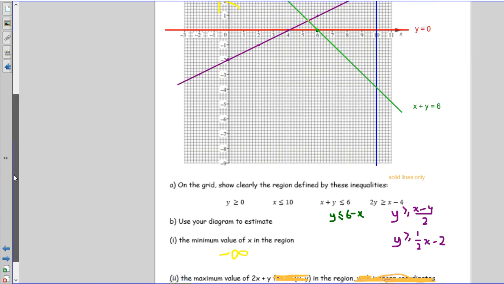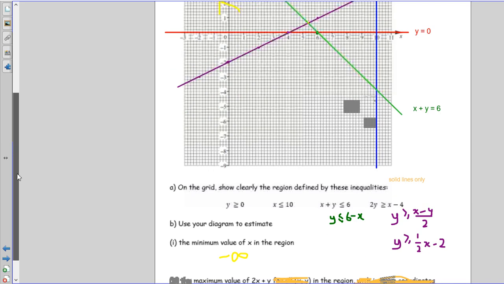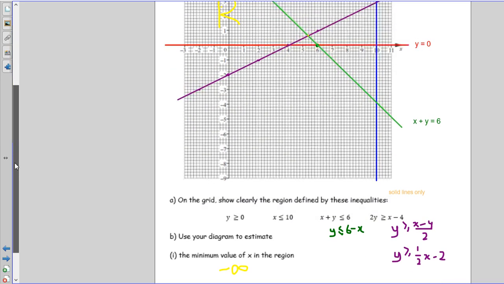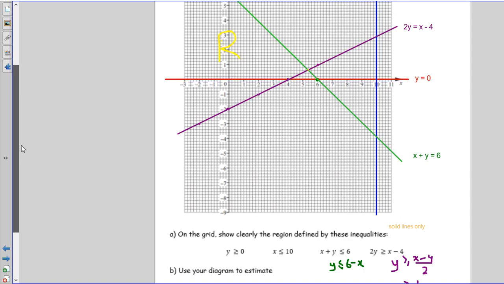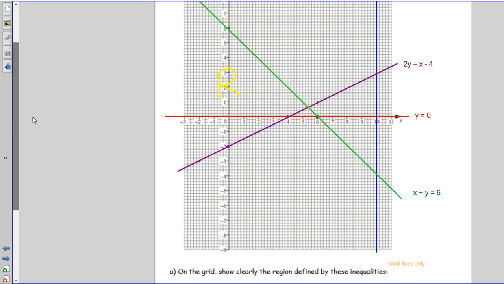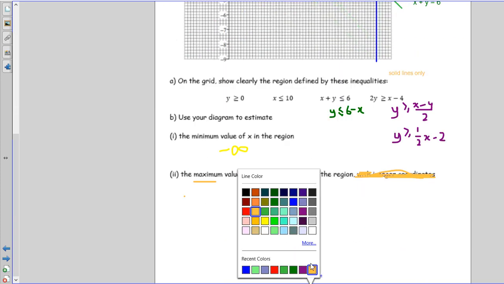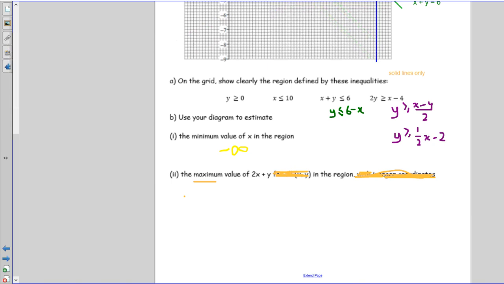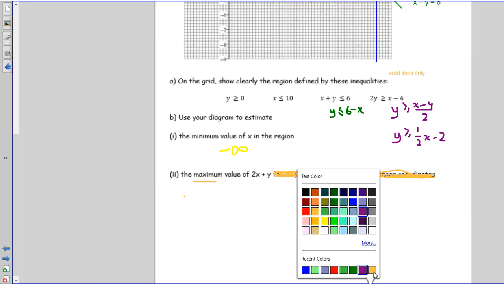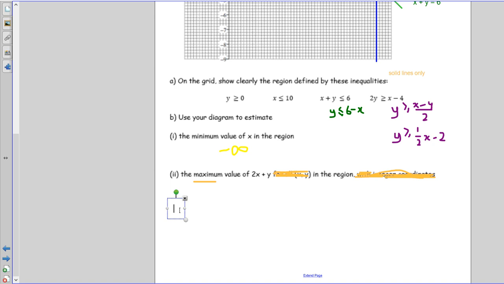So again, we want to look for extremes, and we're asked to use our diagram to estimate. So if you doubled the x and added the y, let's see, maybe it's this one. Double the x, 5.4 times 2, plus the y, which is 0.6. Let's try that one out. Because it's 2x, 2 times, was it 5.2 or 5.4?